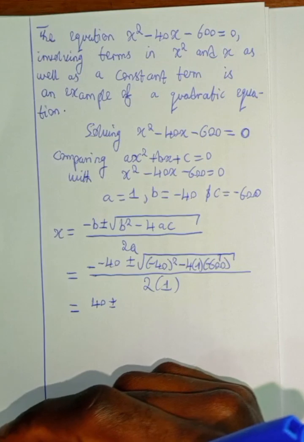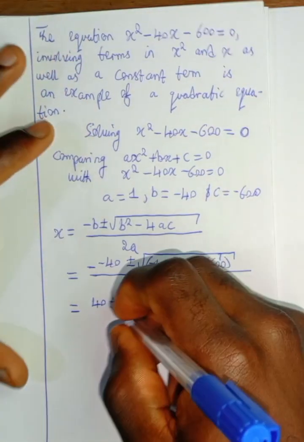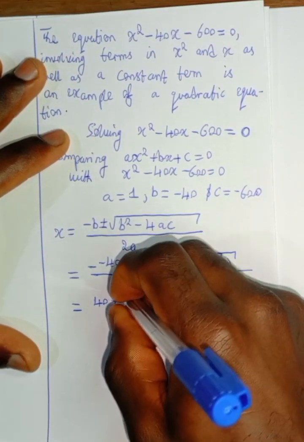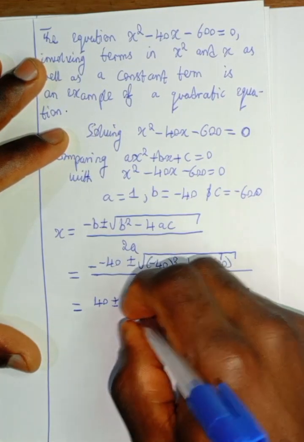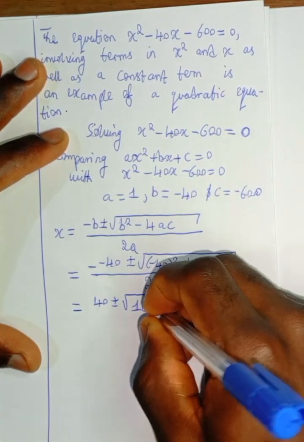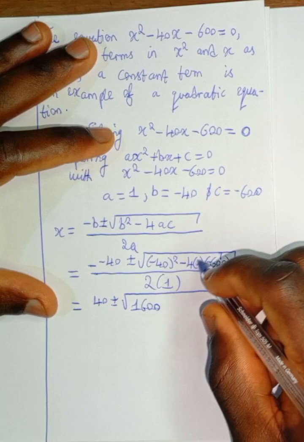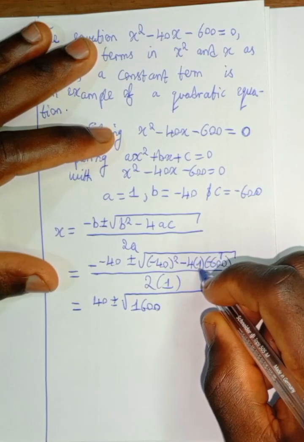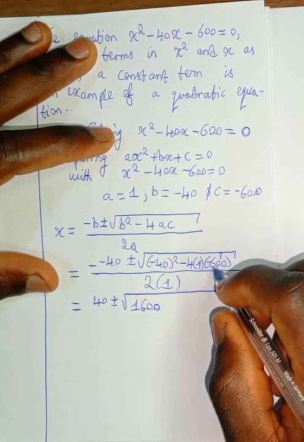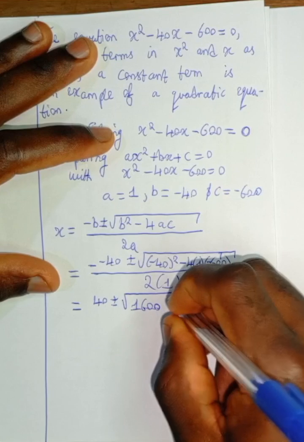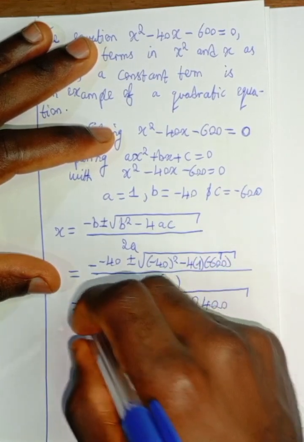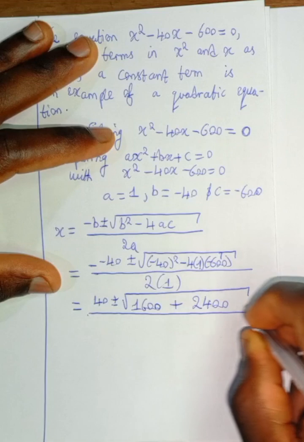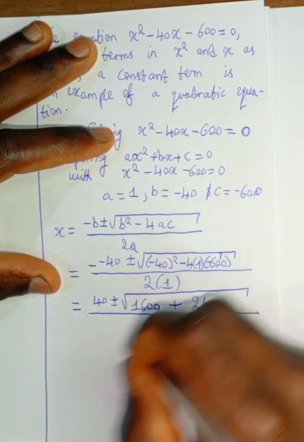This is negative 40 times negative 40, which is equal to 1600. Next, we take negative 4 times 1 gives negative 4. Negative 4 times negative 600 gives positive 2400. Then we divide all this by 2 times 1, which is 2.